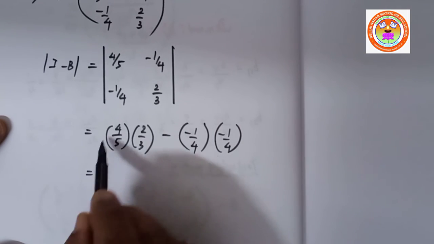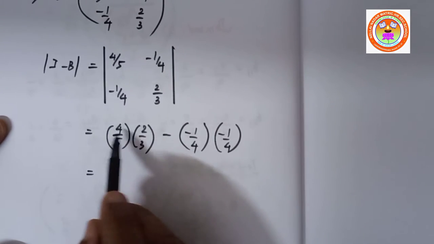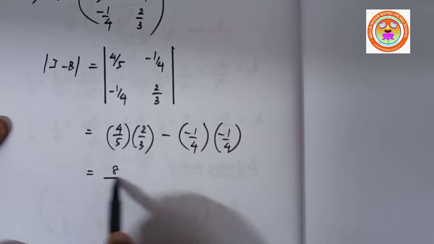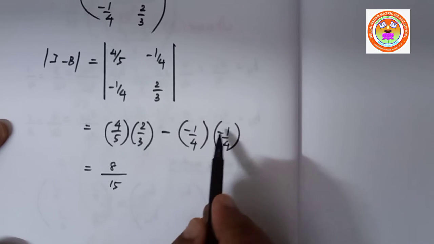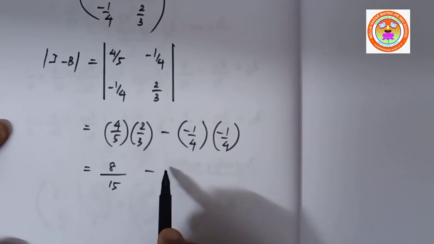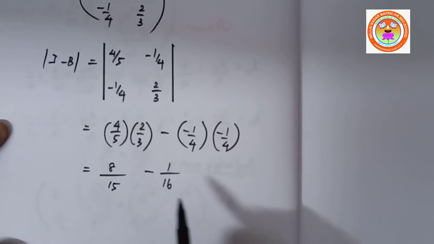Nothing can be simplified here, so 4 2s are 8, 5 3s are 15, minus into minus is plus, 1 into 1 is 1, 4 4s are 16.